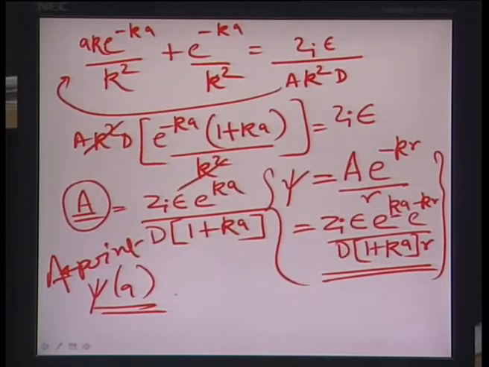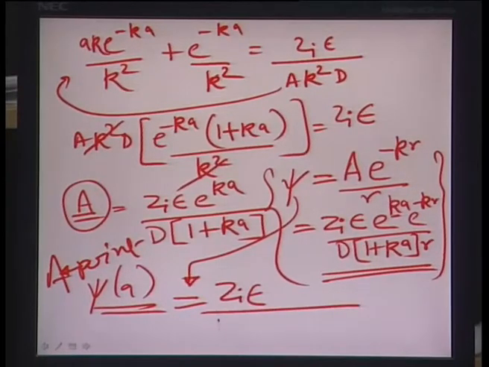So, if I put the value of a in this particular equation here, all right, we are left with Zi e epsilon divided by d 1 plus k a times of a, as these two terms k a and for r equal to a they cancel out, all right. So, we are left with Zi epsilon by d times of 1 plus k a times of a, okay.